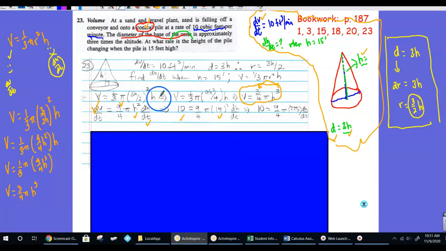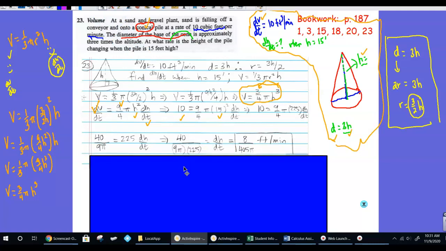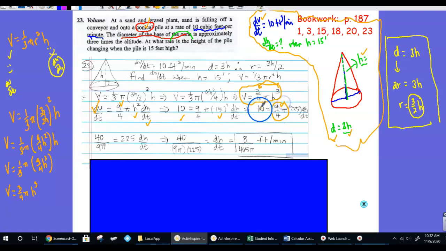And then I'm going to square and do, now this is careful arithmetic, and probably I did not use a calculator. I just went really carefully. So what did I do? Right here, I started by multiplying by the reciprocal of 9/4 pi to get it to the other side times 10. So 10 times the reciprocal.